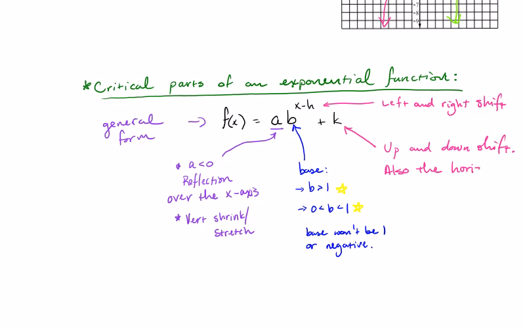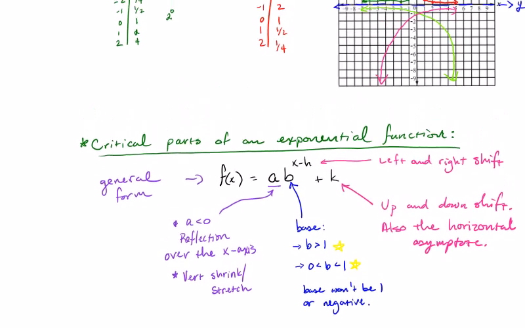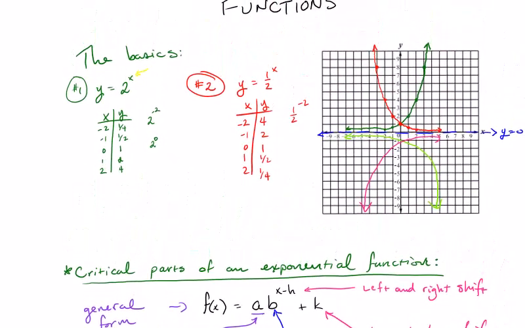Right, if we go back to our graphs that we graphed, if you're taking notes or you're thinking about this with me, every basic exponential function is going to have a horizontal asymptote at y equals 0.